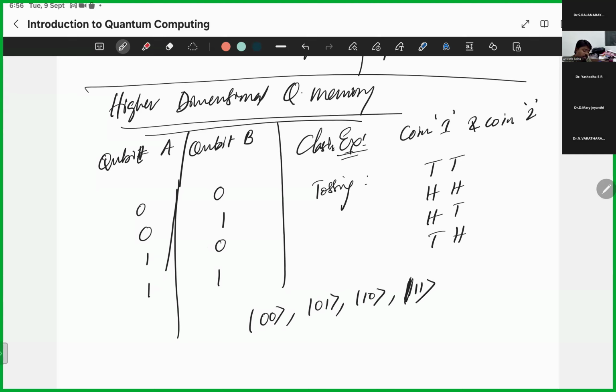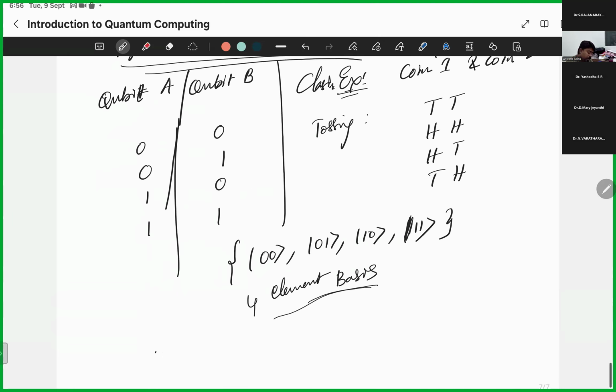So this is like a 4 element basis. If I prepare a 2 qubit system, I am going to create a 4 element basis. So I will be able to store the information of 4 bits with the 2 atoms.